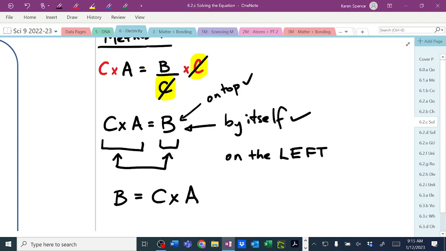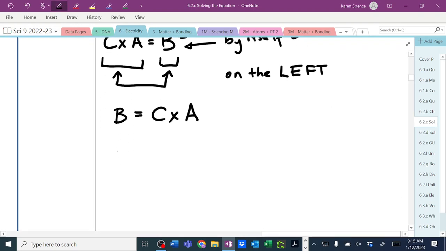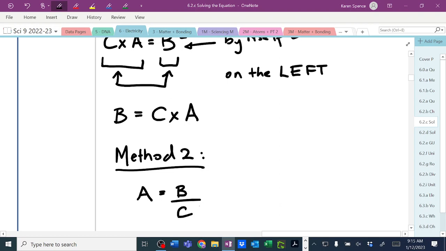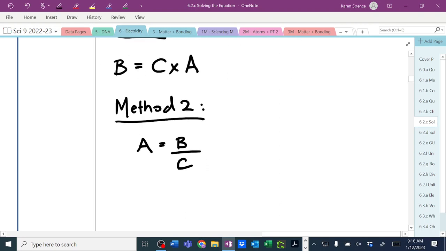Method 2. A is equal to B over C. And we could call this the diagonal method, because we're going to move things diagonally across the equal sign.